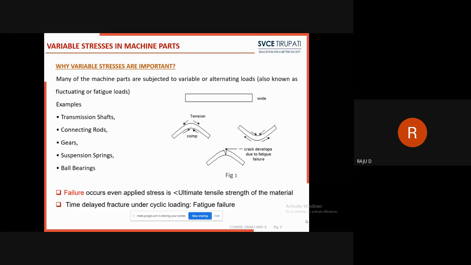Because the tool wear and tear is more. When you increase the tool life, we always have to maintain the continuous chip. So the continuous chip is what? Once it crosses the elastic limit into the plastic limit, the tool removes more material, and only then can the material be cut from the workpiece.